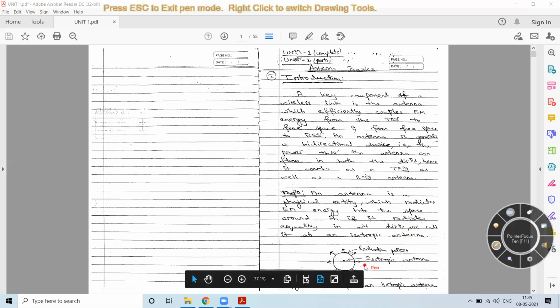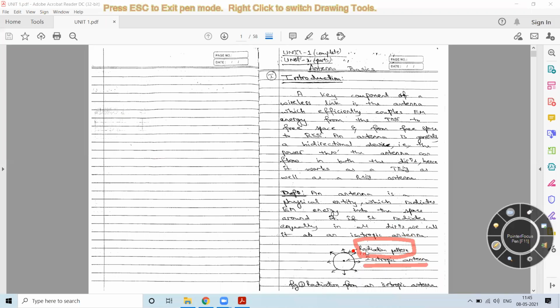In order to make you understand this, we had to discuss the radiation pattern. So what is actually a radiation pattern? Radiation pattern is the distribution of the electromagnetic energy. If you have an antenna and I measure at different points, I'll be getting different electromagnetic energy values.